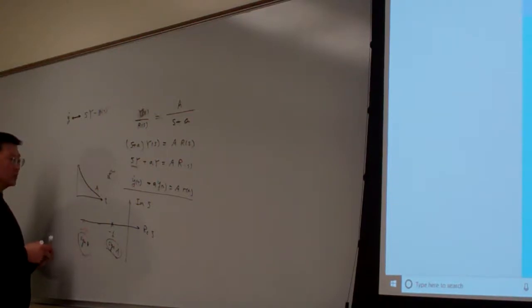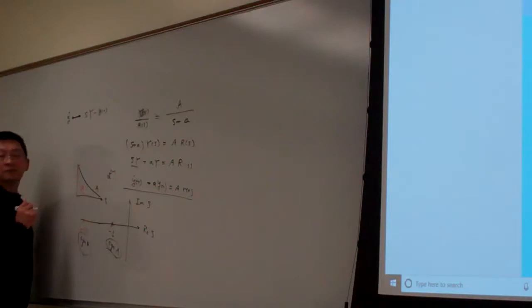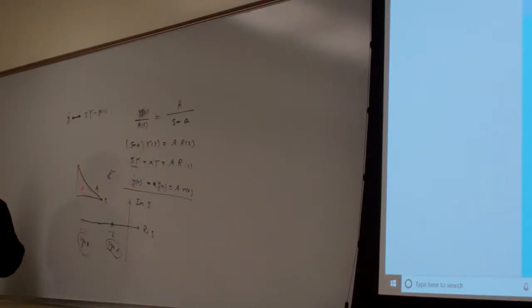And for system B, the response will be something like this. So from here you can tell, by knowing the locations of the poles, we can pretty much have an intuitive feeling about the response of the system.